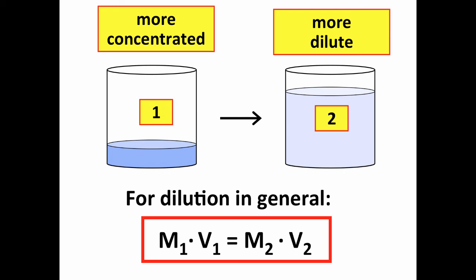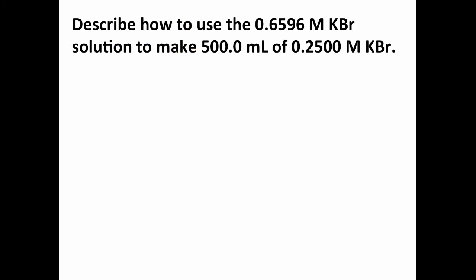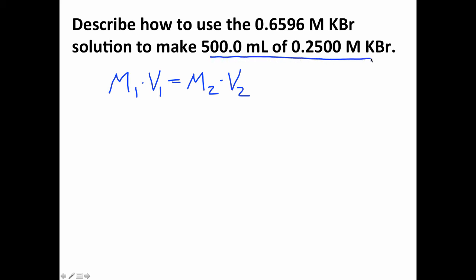And if you remember this, you can always do kind of a plug and chug type of dilution calculation. So let's go back to the problem we just looked at, and let's do it that way. So our equation is M1 times V1 equals M2 times V2. And we could do it either way, but for this case, we're going to pick that solution 2 is our more dilute solution.